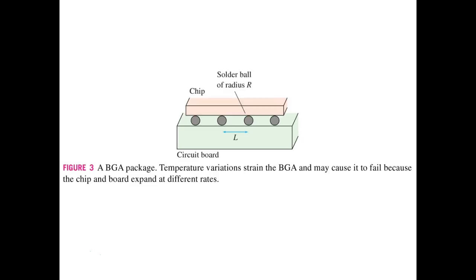Manufacturers test the reliability of these ball grid arrays, or BGAs, by subjecting them to repeated cycles in which the temperature is varied from 0 to 100 degrees Celsius, basically freezing point of water to boiling point of water, over a 40-minute period.